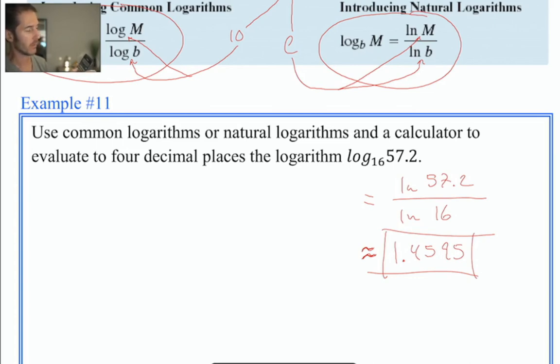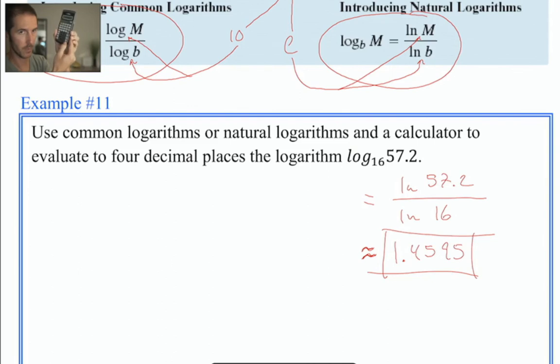Now, if you're following along, what you're seeing on your screen is 2.77 blah, blah, blah. That's just the natural log of 16. Now I'm going to hit the divided by button, and nothing happened. I got to start that over. I screwed up. 57.2 natural log, divided by 16 natural log. Right. So now that I've got 2.77 on my screen, now I have to hit the equal sign on the calculator.